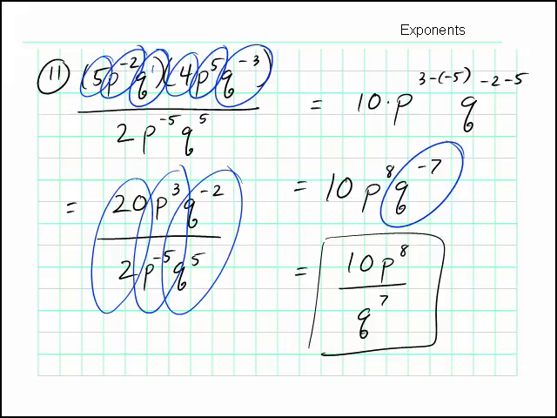Number 12. X to the negative 2, y to the negative 4, over x to the negative 4, y to the negative 2.